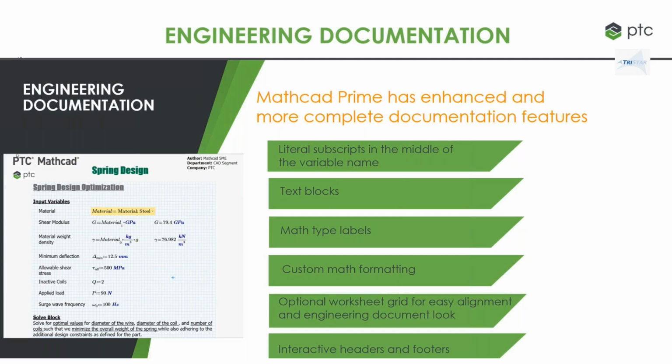You don't have to in order to create some of these really nice documents that you're trying to create. And so I mentioned the text block. That's a nice new feature in Prime that we don't have in Mathcad 15. There's different math type labels if you needed to emphasize one math region over another math region. If you wanted to highlight different areas, you could definitely do that.